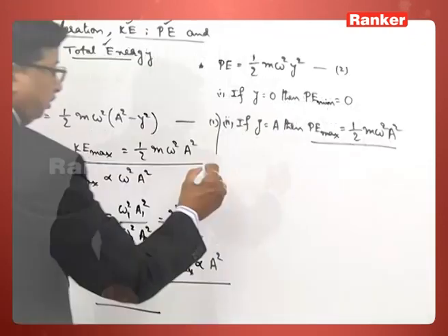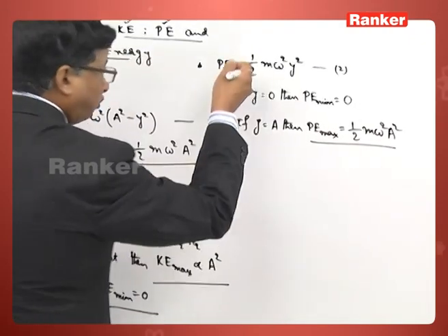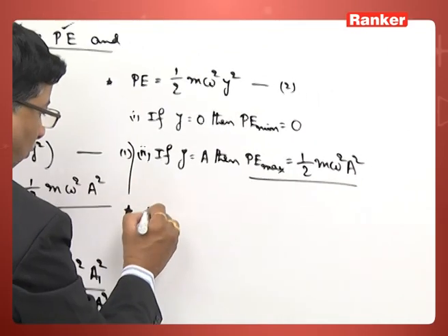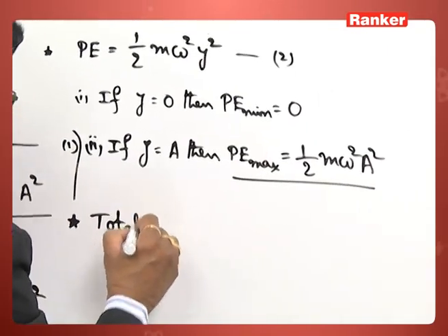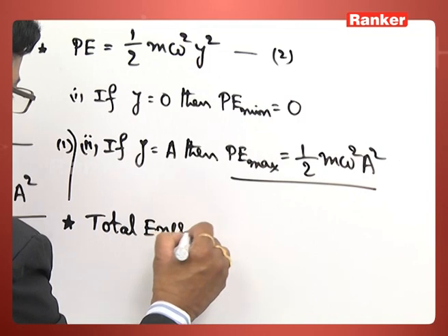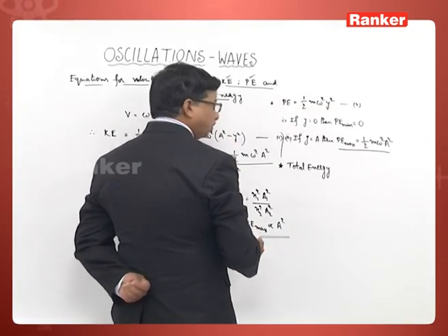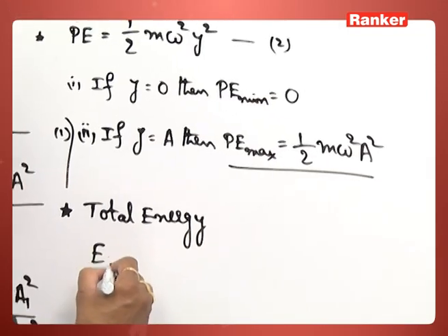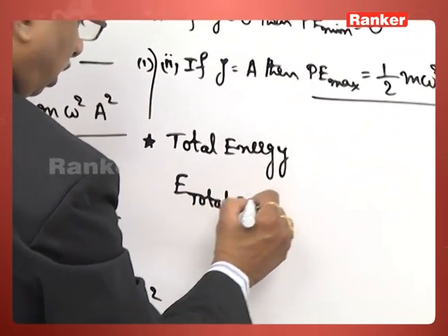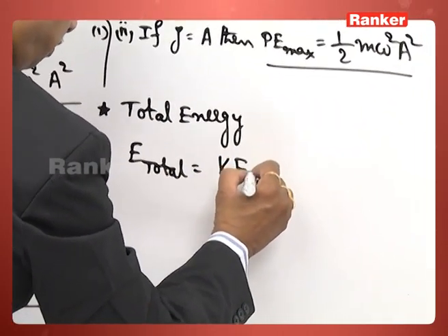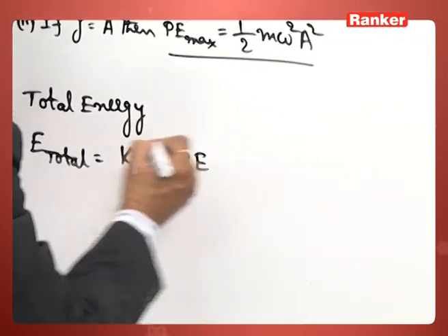Now the last concept, as far as this order is concerned: what would be the total energy of the body in SHM? Total energy, E total, is kinetic energy plus potential energy.